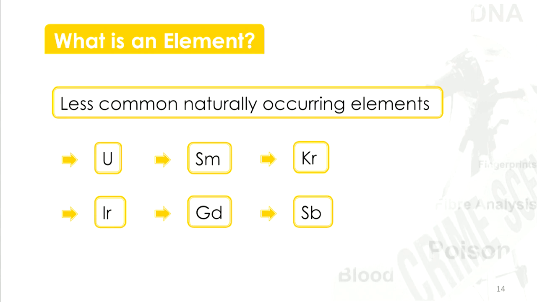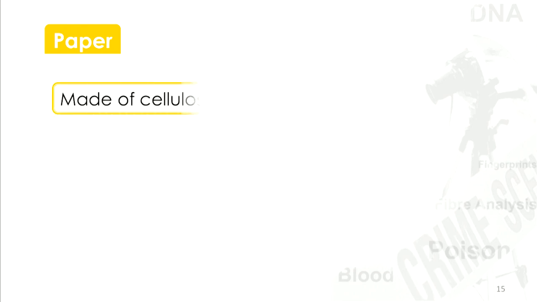Let's go back to Boyle's notion that elements cannot be created or destroyed. Let's consider a piece of paper. Paper is made of cellulose. Cellulose consists of the elements carbon, hydrogen, oxygen. So atoms of those elements are assembled in a particular way, and that is cellulose.